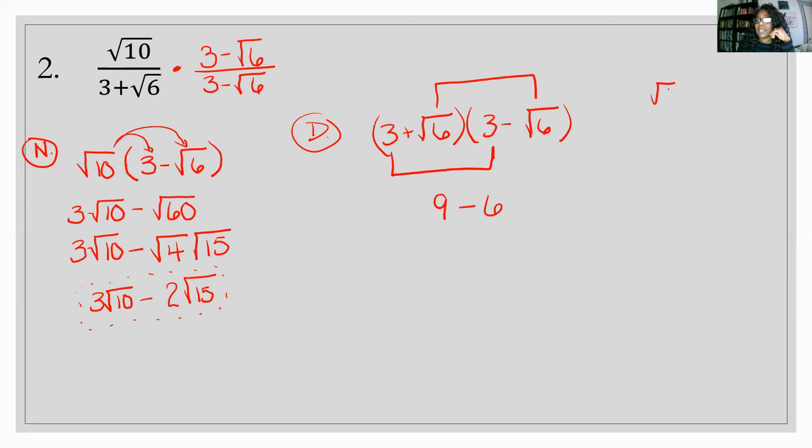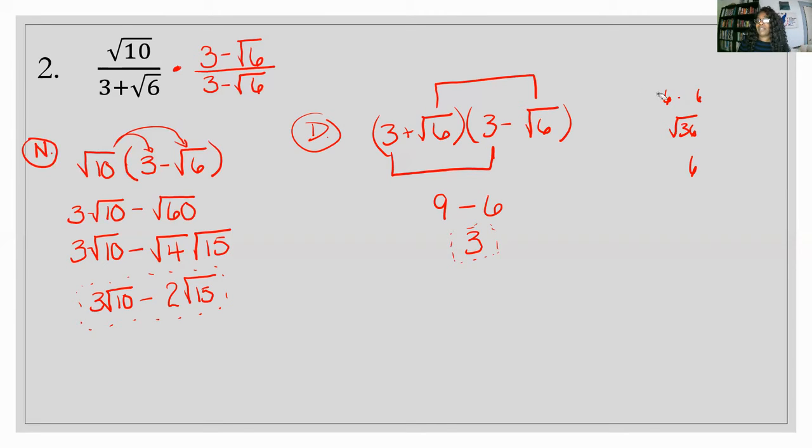Because the square root of 6 times the square root of 6 gives me the square root of 36. What's the square root of 36? It's 6. So to eliminate all of this, all you have to do is just multiply. So 9 minus 6 gives me 3. So that's the answer for your denominator.